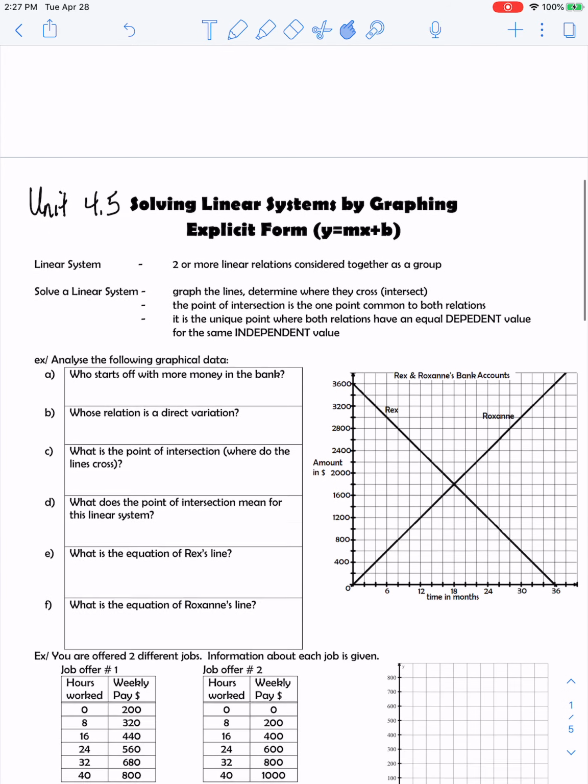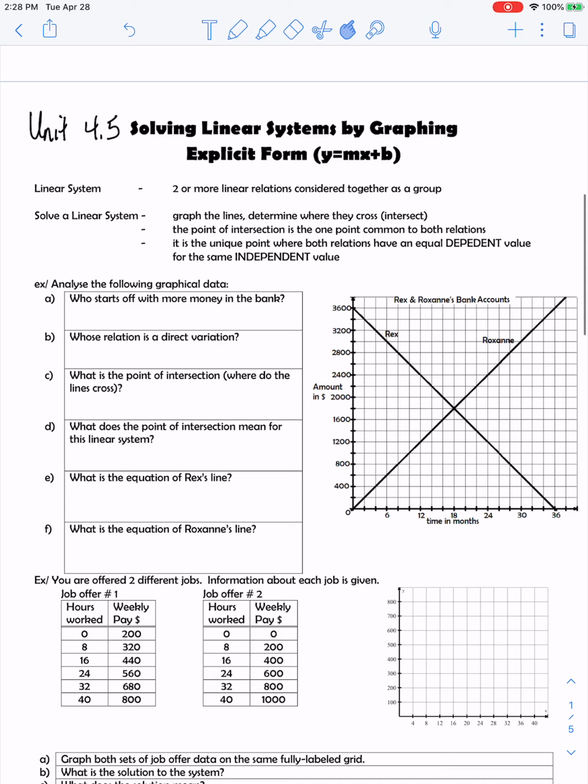So here we've got a graph, and they both are representing Rex and Roxanne's bank accounts. This line represents Rex's bank account, and the other line represents Roxanne's bank account.